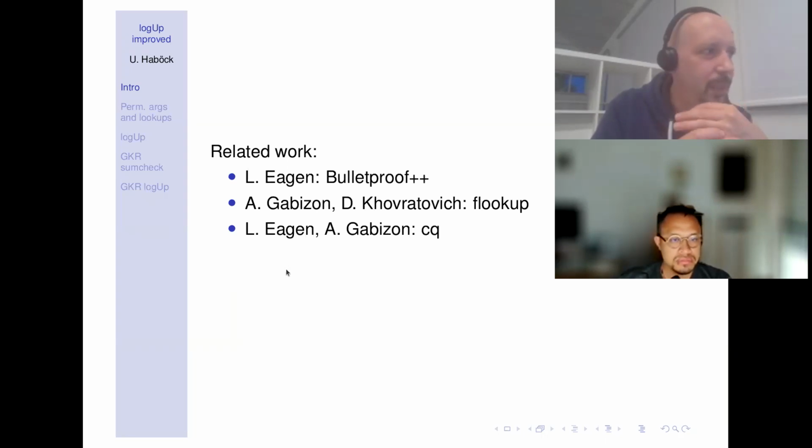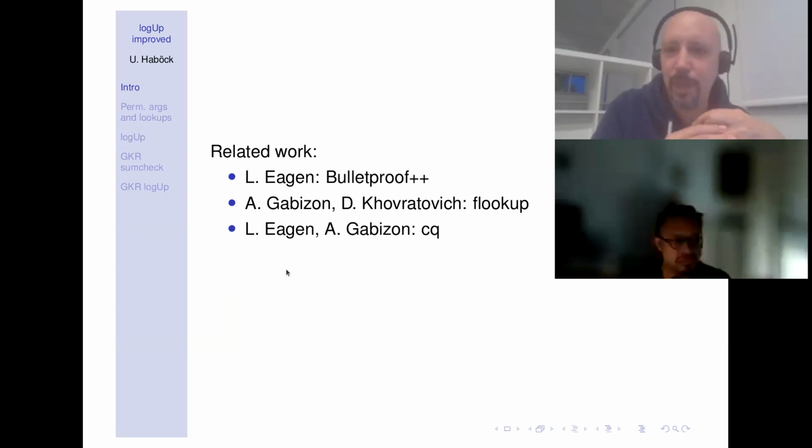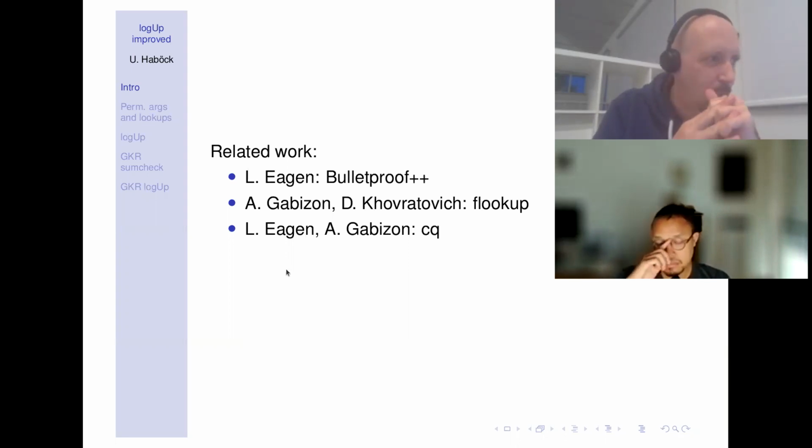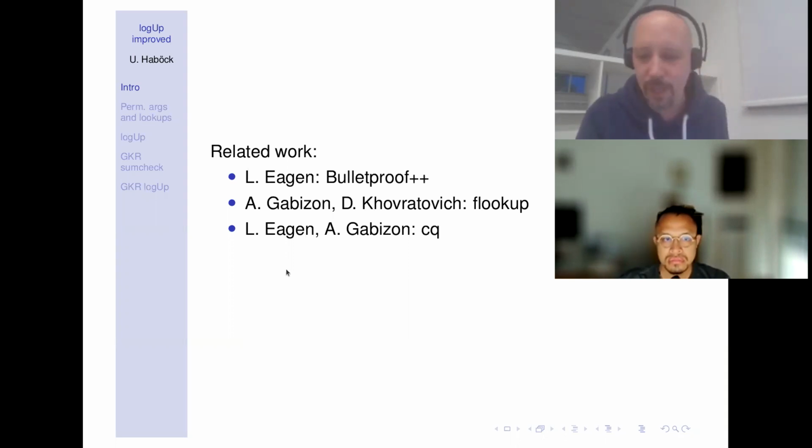There's Liam, who did Bulletproof plus, which was a couple of months before lookup, which I wasn't aware of, and he also already uses the logarithmic derivative. To be frank, I never read the paper, so please don't ask me what the concrete application is in this case. Okay, and then CQ, which I mentioned already before, large table lookups, Liam, Egan, and Gabizon.